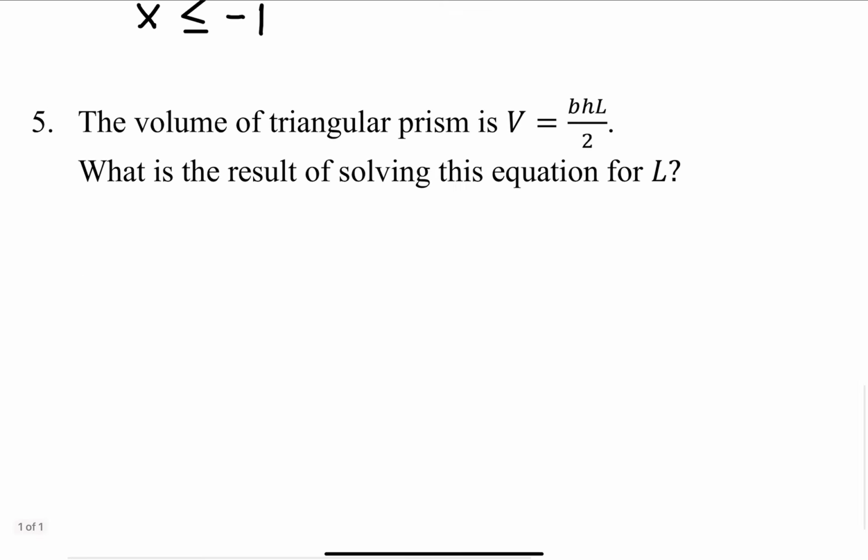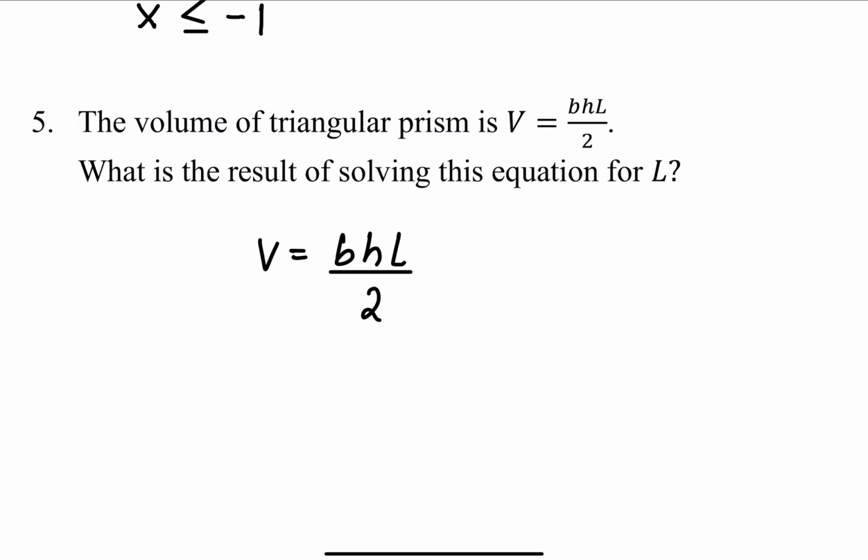Next, for the last question, the volume of a triangular prism is V is equal to BHL over 2, or base times height times length divided by 2. Now, what is the result of solving this equation for L? So we have V is equal to B times H times L divided by 2.